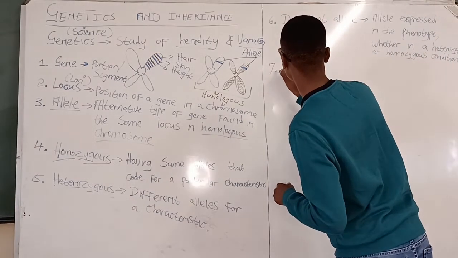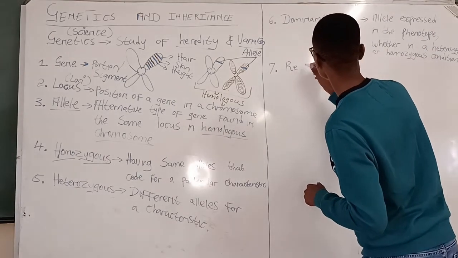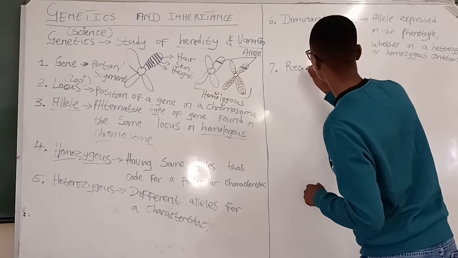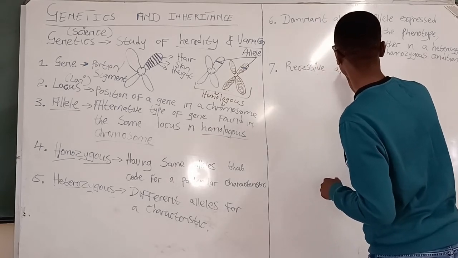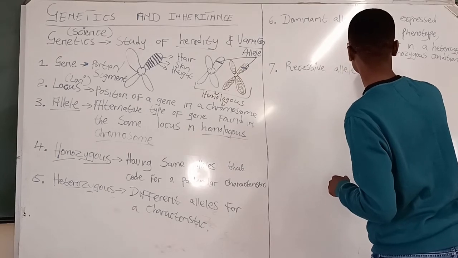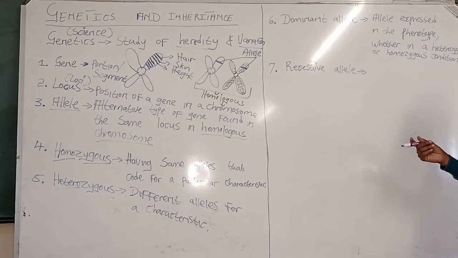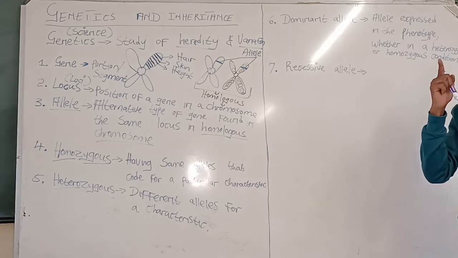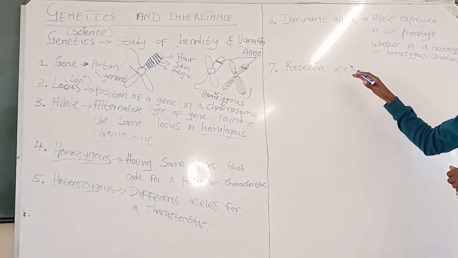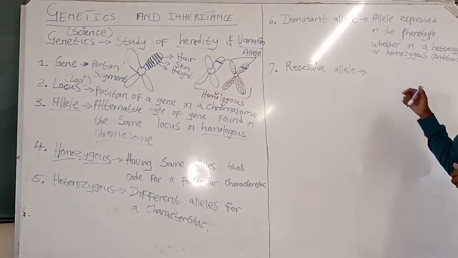And then number 7, we're going to talk about a recessive allele. So a recessive allele is a type of allele that is only able to be expressed when it is in homozygous condition only. And you will see why this one is expressed in a homozygous condition only.